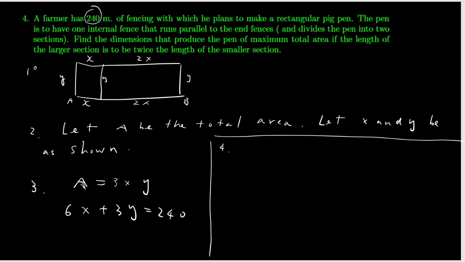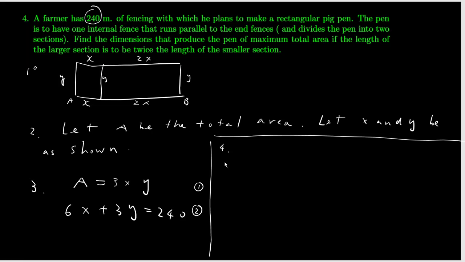Probably we can write A as a function of only x. To achieve that, we can solve the second equation for y. I'm going to label the two equations. I will call that equation 1, and I will call that equation 2.